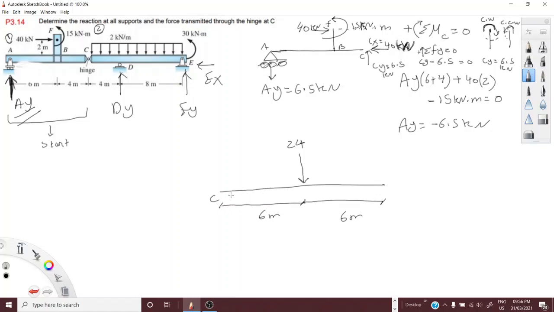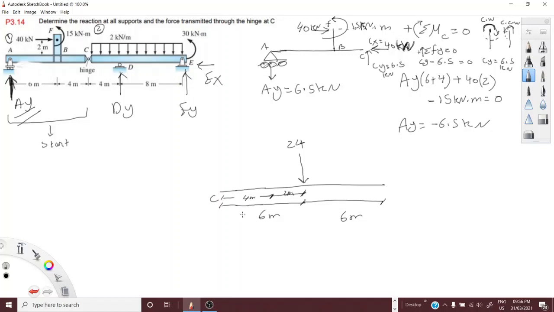Right now we have 4 meter here, and here is 6 meter. So here is 4 meter, and here is 2 meter.